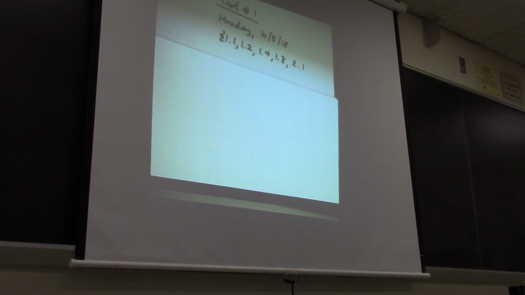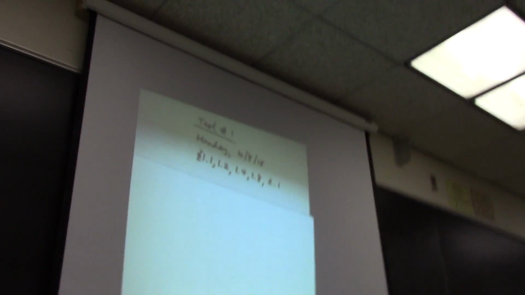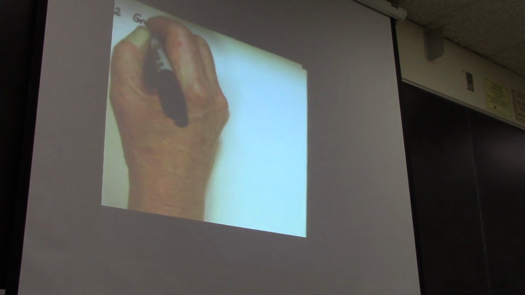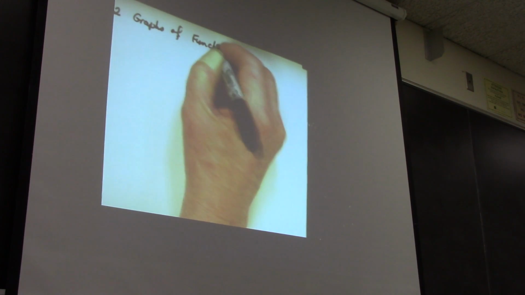Alrighty, so let's continue in chapter 2. So in section 2.2, we're going to talk more about graphs of functions. Earlier we talked about graphs of equations, but now we're going to concentrate on graphs of functions.